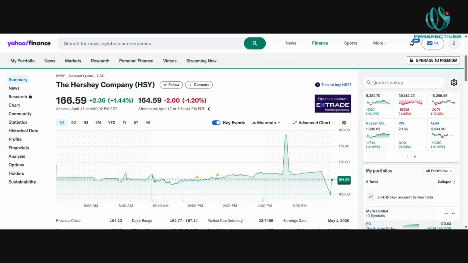Right underneath that, you're going to see the current price. That's basically the price the stock is at right now. So if you buy one share of that stock right now, that's the current price. But that price changes all day while the market is open.